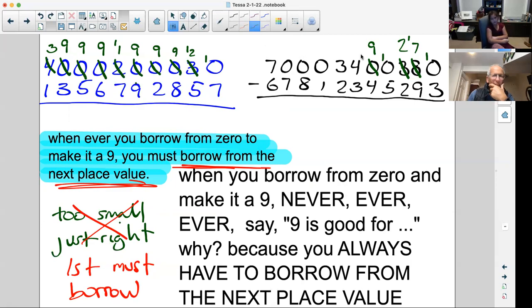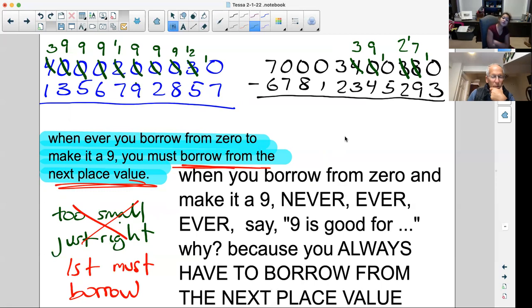You borrowed from 0 to make it a 9. What do you have to do with the 4? The 4 turns into a 3. Yeah, but why do you keep saying 4 is okay for 3? 4 becomes a 3. And then 3 is perfect for 3.